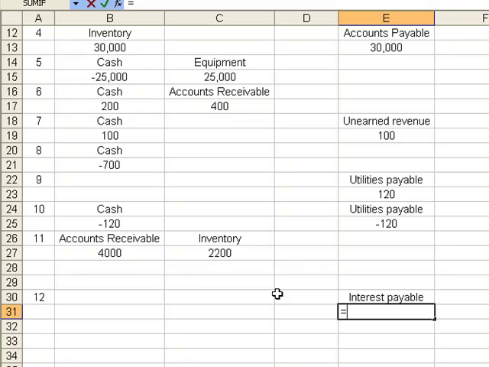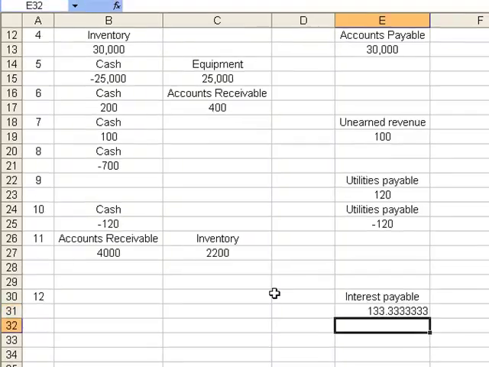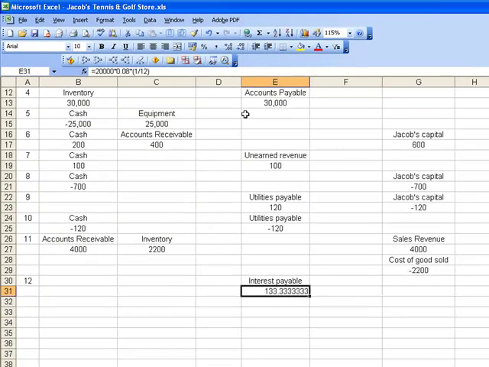The total amount that we have borrowed, if you recall, is 20,000 multiplied by the interest rate of 8%, and also multiplied by 1 divided by 12, which is the January portion for this interest payable. Let's decrease the decimal places, so it's approximately 133.